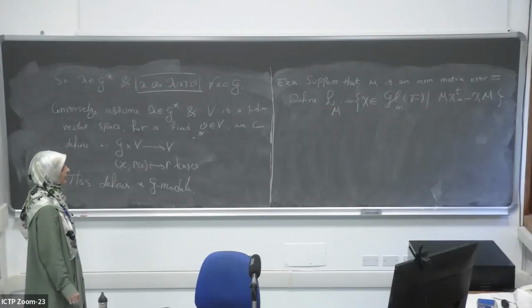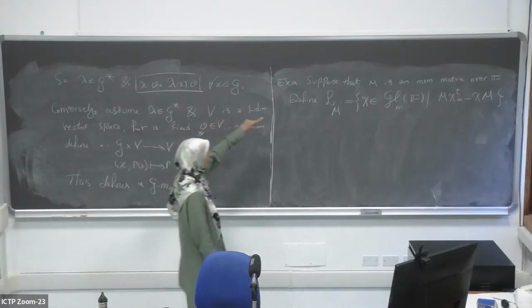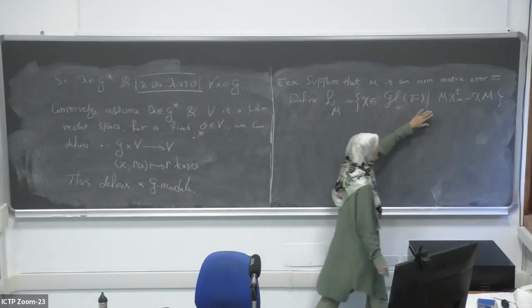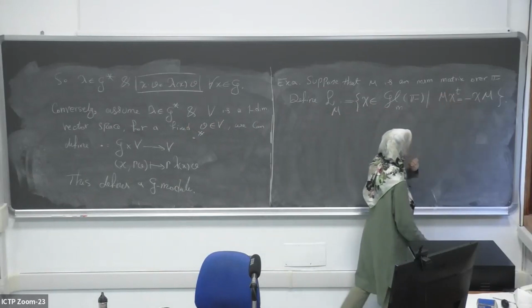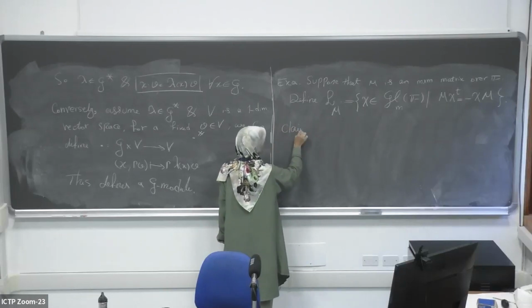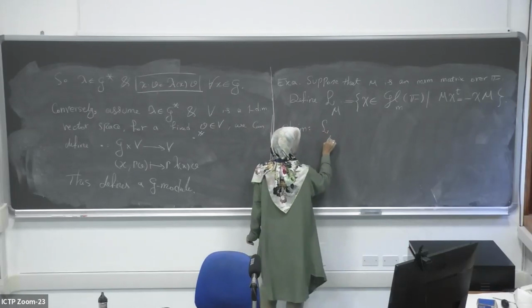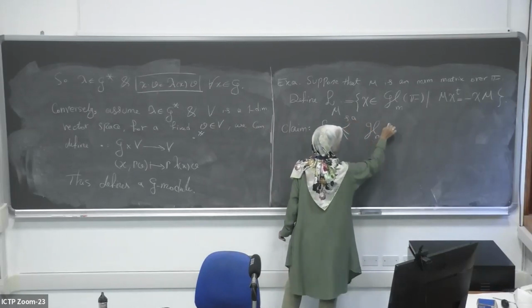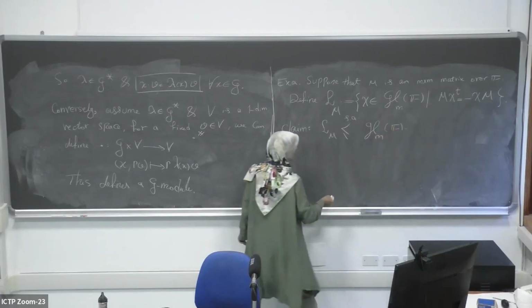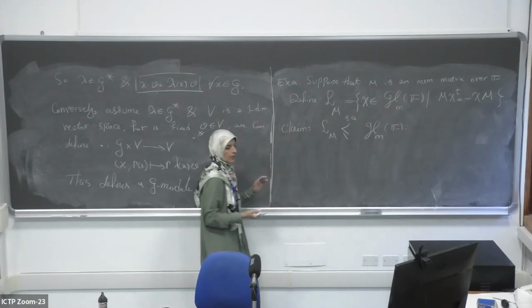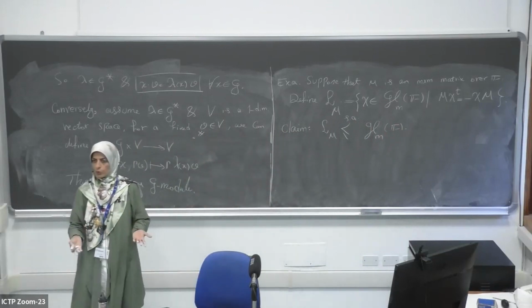Suppose that M is an m times n matrix over F, and then we define Lm to be the set of all elements of gl(m) such that M x transpose equals minus x M. We claim that Lm is a subalgebra of gl(m, F). And it is easy to see because Lm is a subvector space.